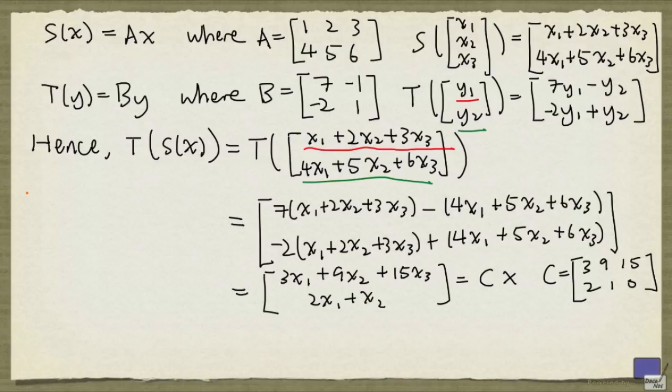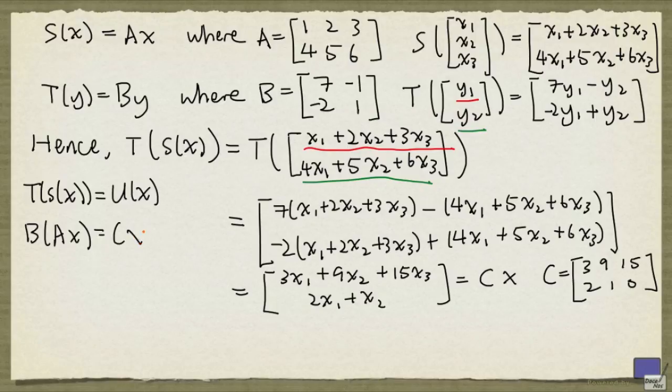So, in summary, T of S of x is given by U of x for some linear transformation U. And written in terms of matrices, we can write B, open bracket, Ax, close bracket, equals Cx.